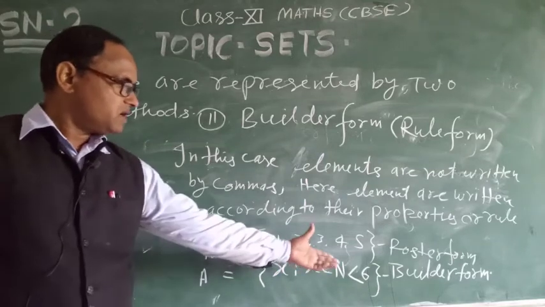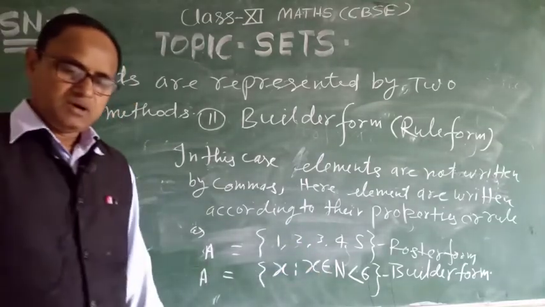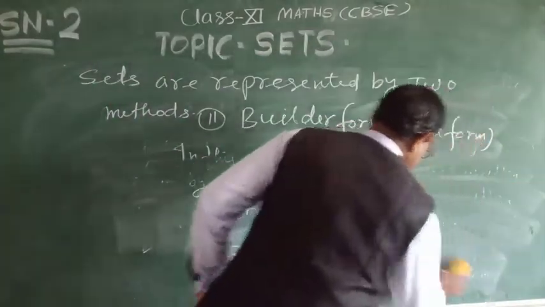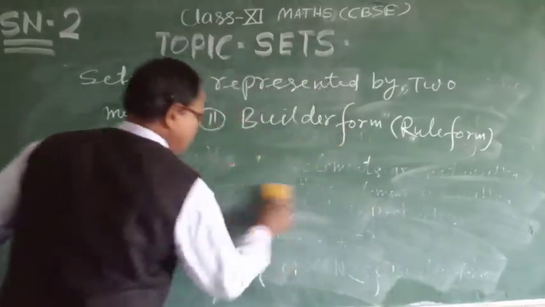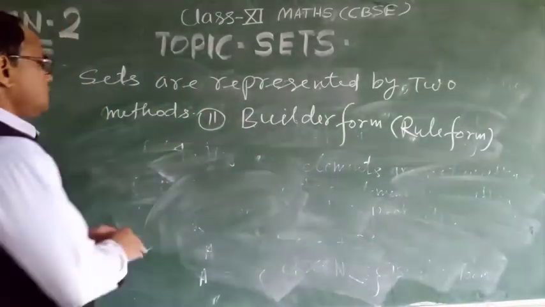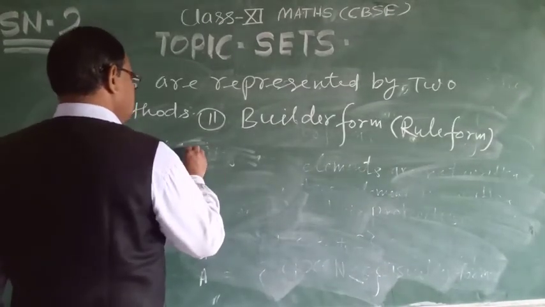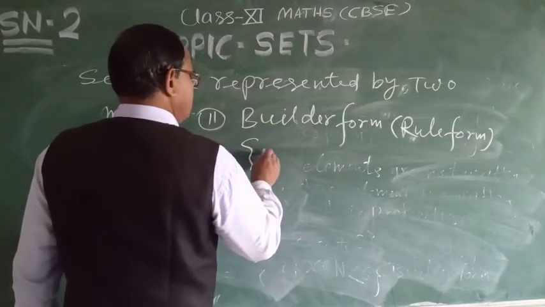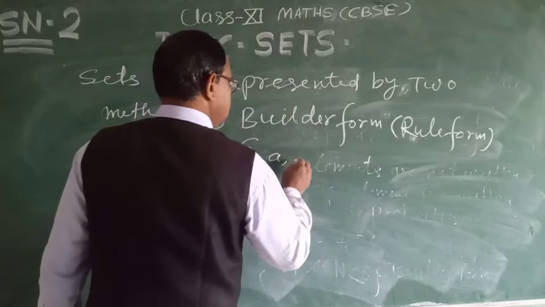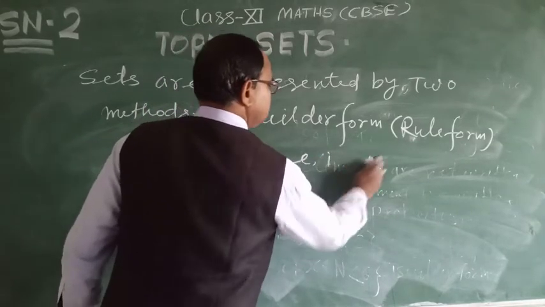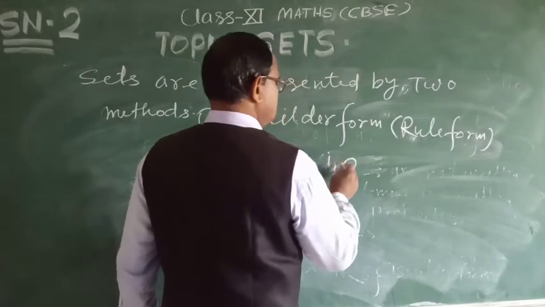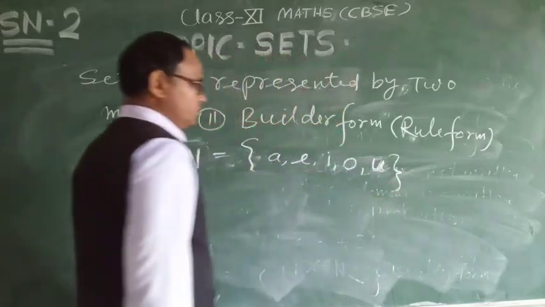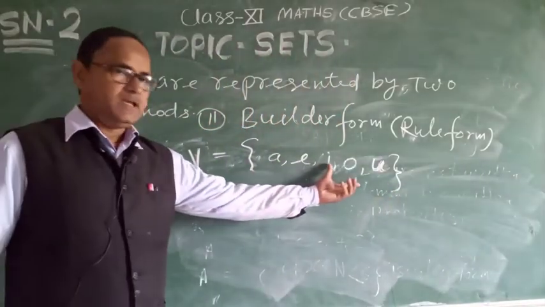Thus we convert the roster form according to its properties and write it in a statement. That statement form is called builder form. Okay, here as a next example, V is the vowels A, E, I, O, U of the English alphabet.